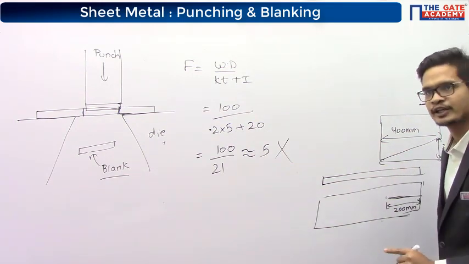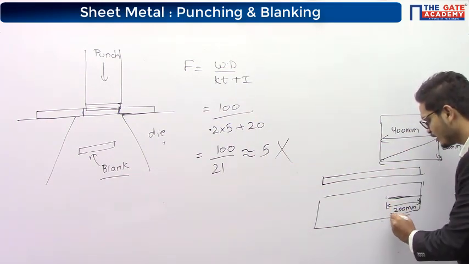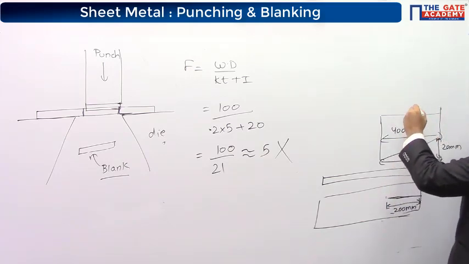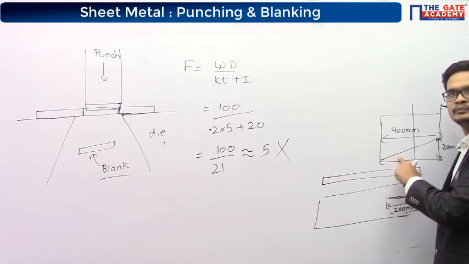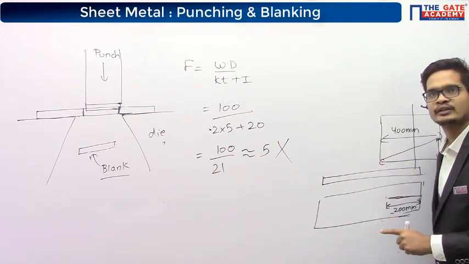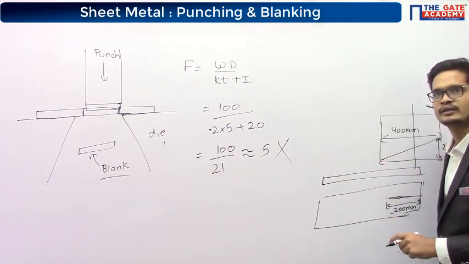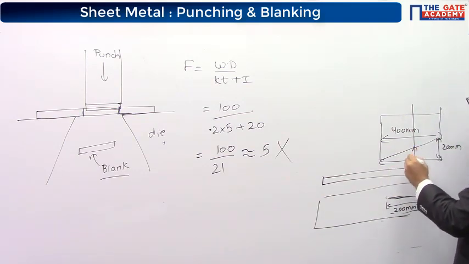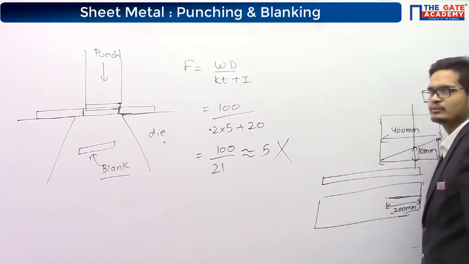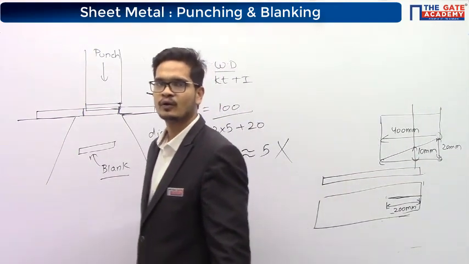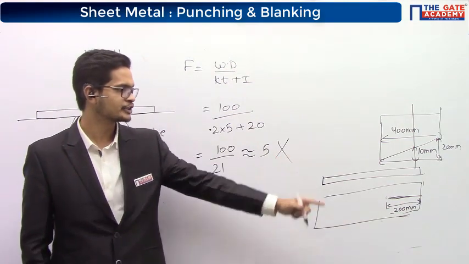We are going to use only 200 mm length of the cutter, right? So in 200 mm, how much shear will be provided? If in 400 mm 20 mm shear is given, then in 200 mm 10 mm shear will be there.